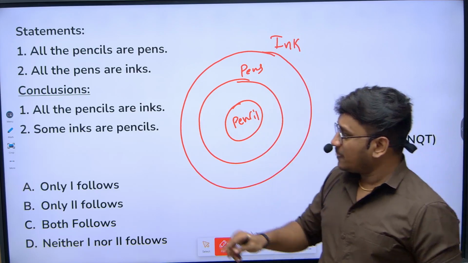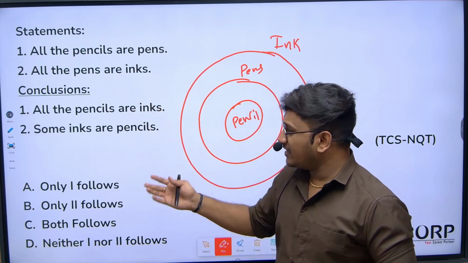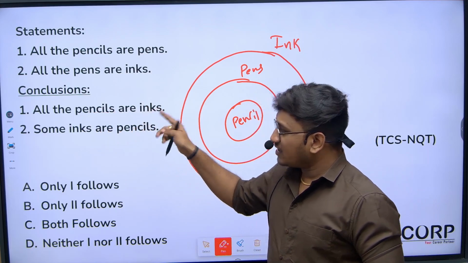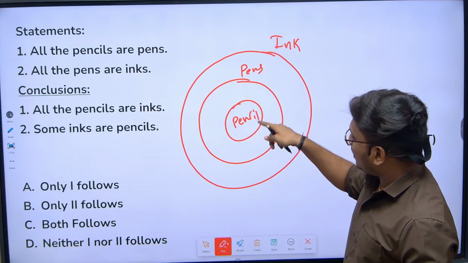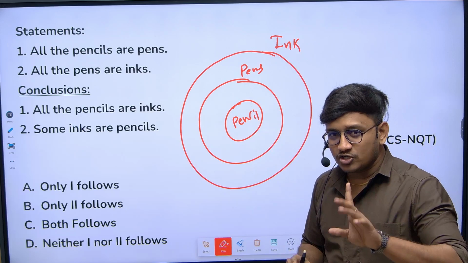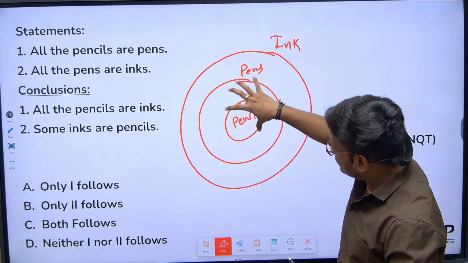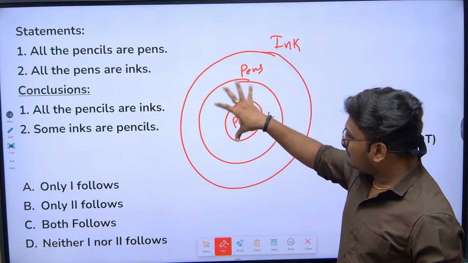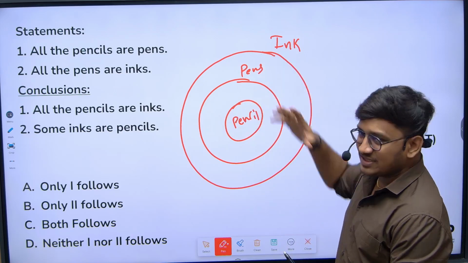Now if you want to prove that the conclusion is wrong, let's say all pencils are inks. All pencils are inside inks. Obviously, pencils are inside pens, and all pens are inside inks. If all pens are inside inks, obviously pencils should also be inside the inks, right?